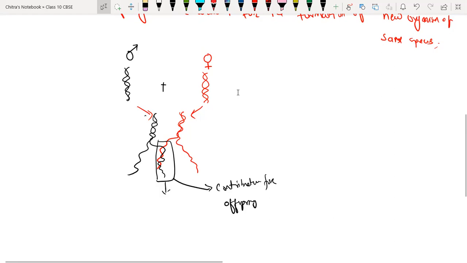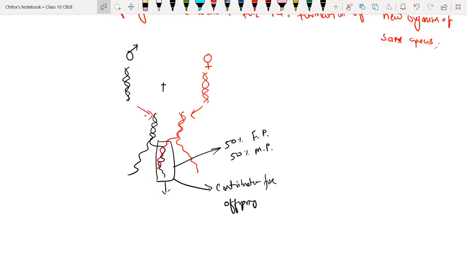Is it or not? So this is the way: whatever proteins are synthesized in the parents' bodies, the same type of protein is also synthesized in the offspring. That's why they are similar to their parents. Here 50% of characters from the female parent and 50% from the male parent are required.